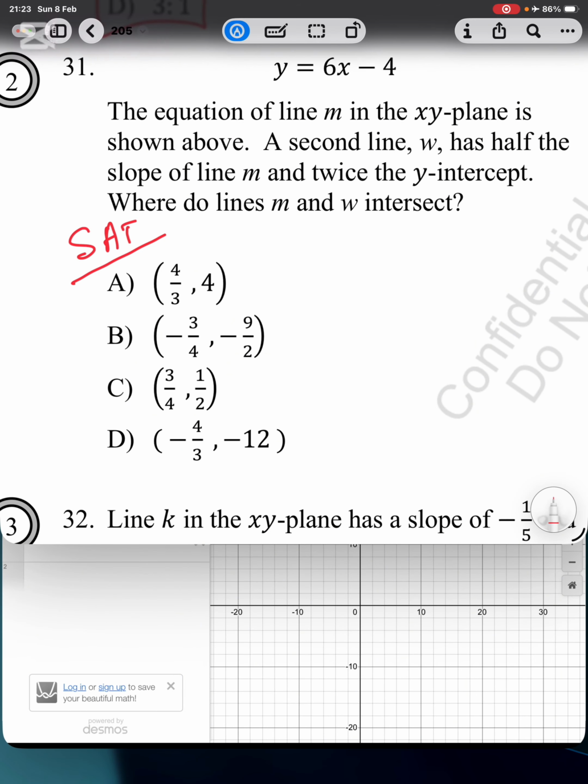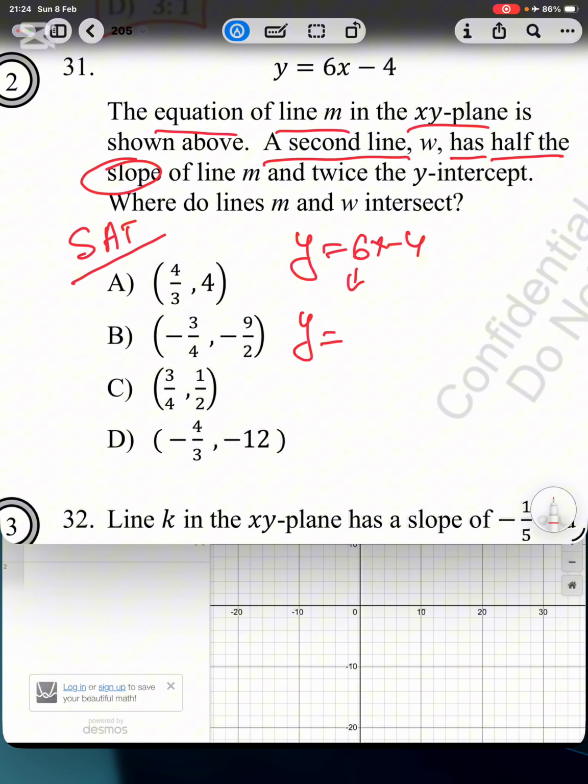In this SAT question, we're given the equation of the line M in the xy plane, and the second line, which has half of the slope. First we'll have to write them down. The slope is going to be 6, right? The line W has half of the slope, which means you simply divide 6 by 2.